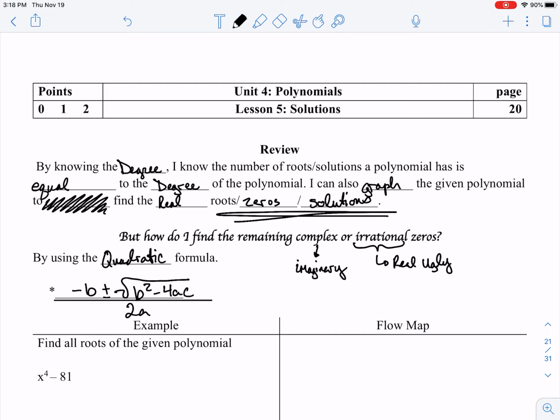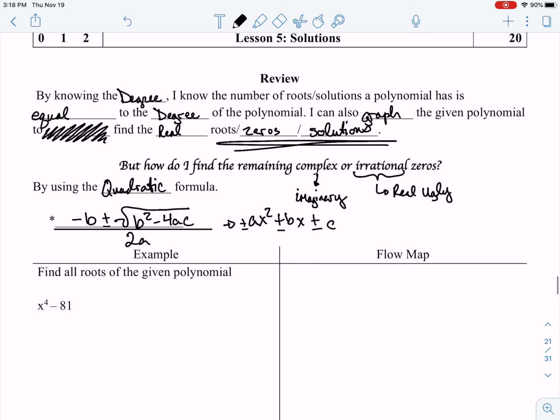So what this means is every polynomial can be reduced down to ax squared plus bx plus or minus c. Once you get it down to a quadratic, you then use the quadratic formula.